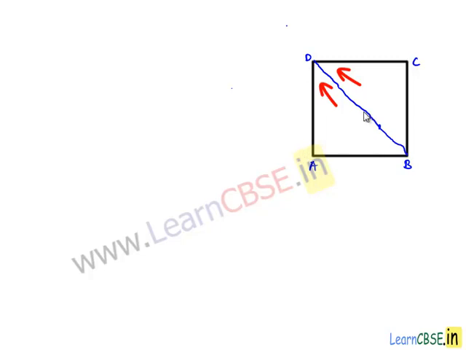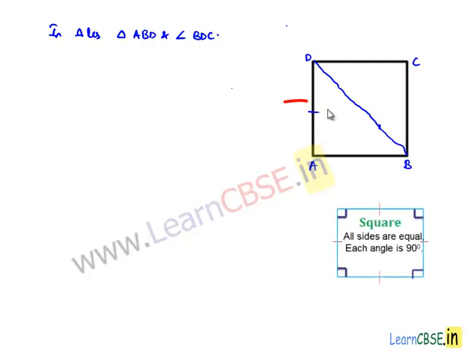In order to prove that, let us consider both the triangles, that is triangle ABD and triangle BDC. In both these triangles, as we have proved that ABCD is a square, AD will be equal to BC and also AB is equal to CD.